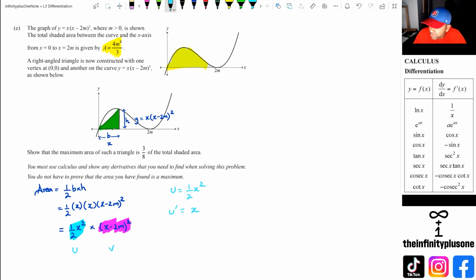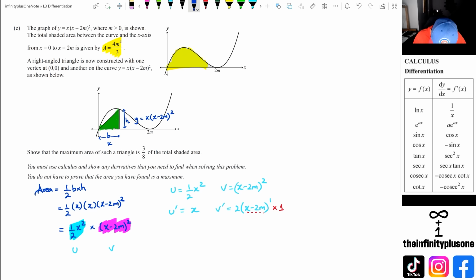Then v is equal to (x minus 2m) squared, so v dash is equal to 2 times (x minus 2m) to the power of 1, multiplied by the differentiation of the inside, which is just 1.